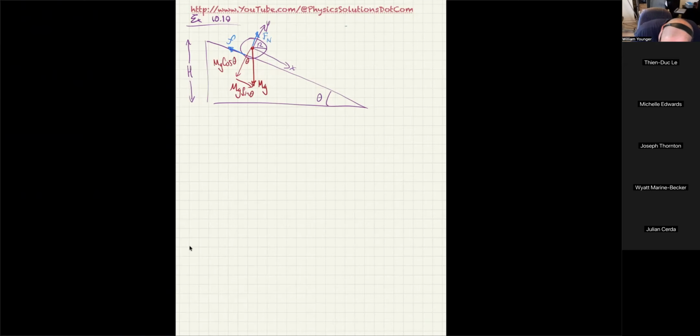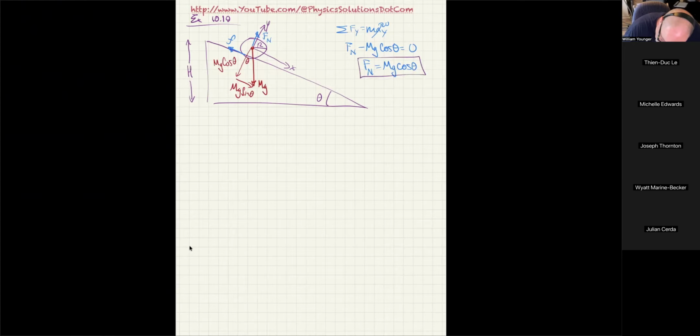So the summation of forces in the y direction equals mass times acceleration in the y direction. Of course, this isn't bouncing on the incline, so in this case we get Fn minus mg cosine theta is equal to 0, so the normal force has to be mg cosine theta. That's potentially helpful, so I'm just going to box it off.